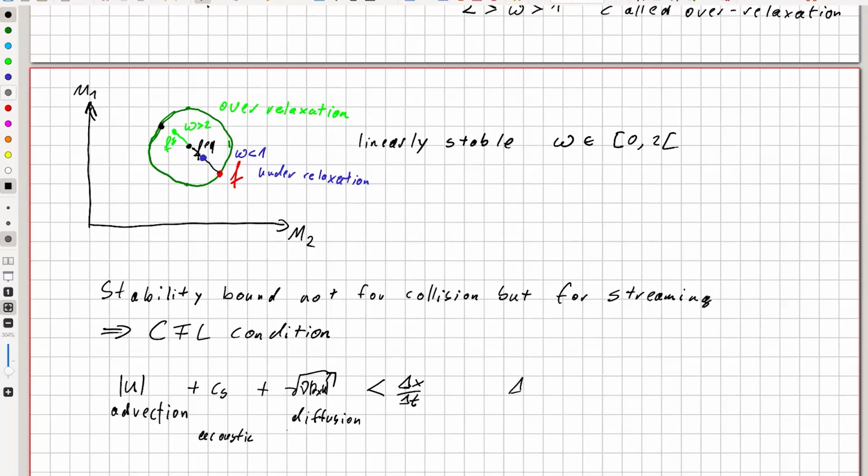So this means for your time step that it has to be smaller than delta x divided by the magnitude of u plus cs plus this thing that is some derivative of u times the viscosity.